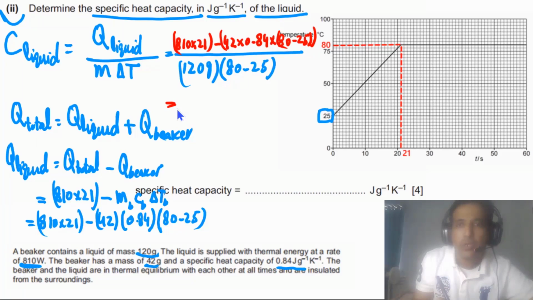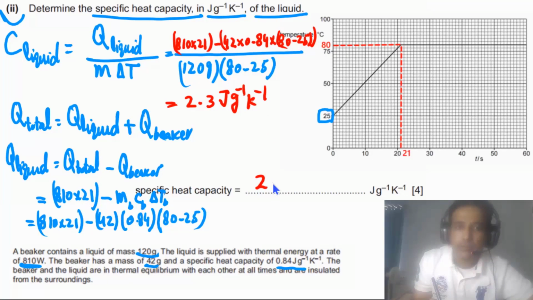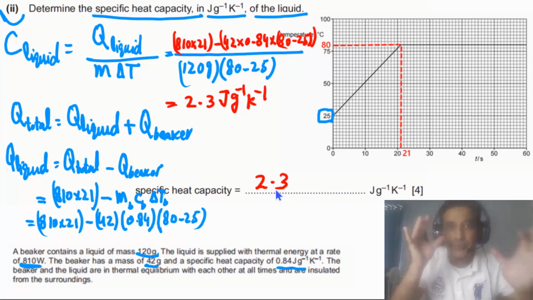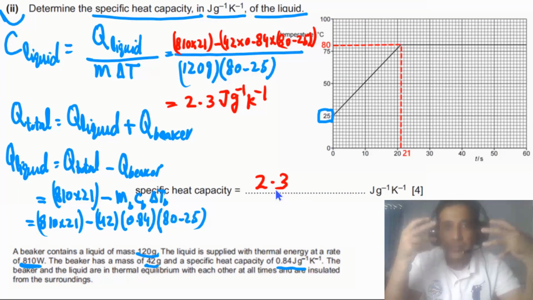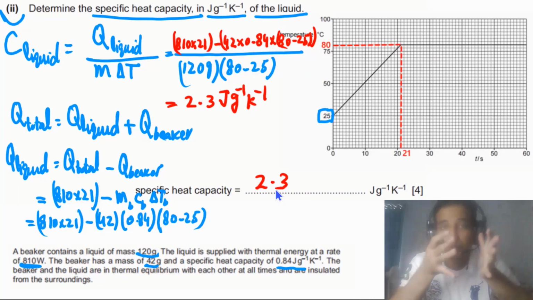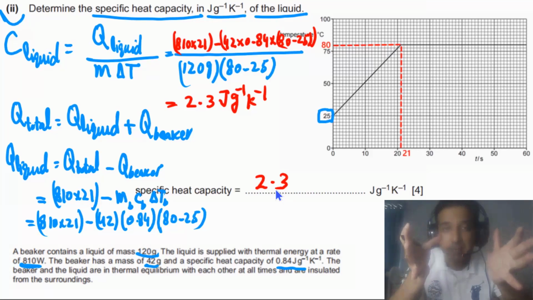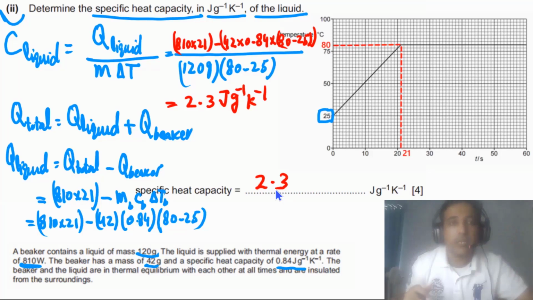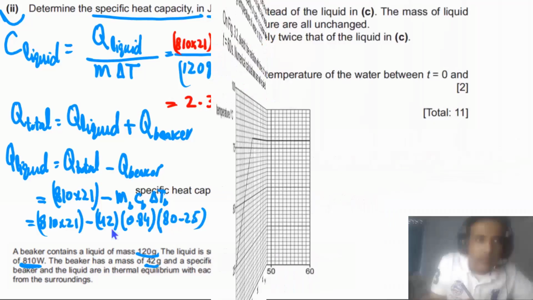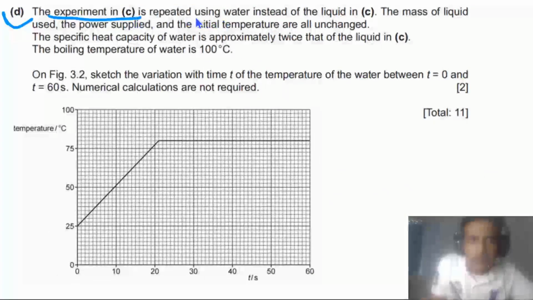Now if we solve this, we can find the value of C for the liquid, and this has to be equal to 2.3 joules per gram per Kelvin. So our answer is 2.3. A beautiful question on how to answer questions about thermal capacity, meaning specific thermal capacity.